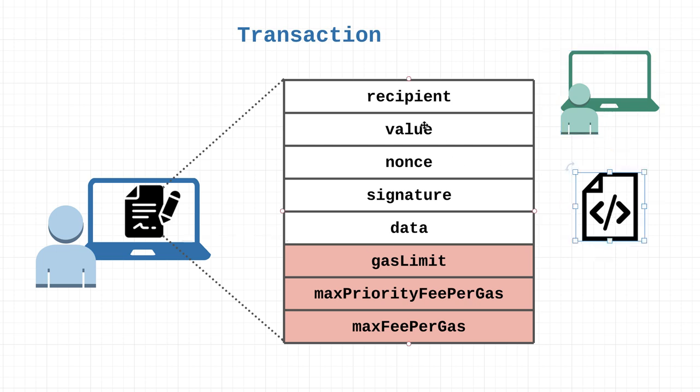Now moving on from that, we have this nonce, pronounced nonce. So what is the nonce? A nonce is a unique number that is required for every single transaction. For EOAs, this number is the number of transactions sent from the account. For contract accounts, it's the number of contracts created by the account.